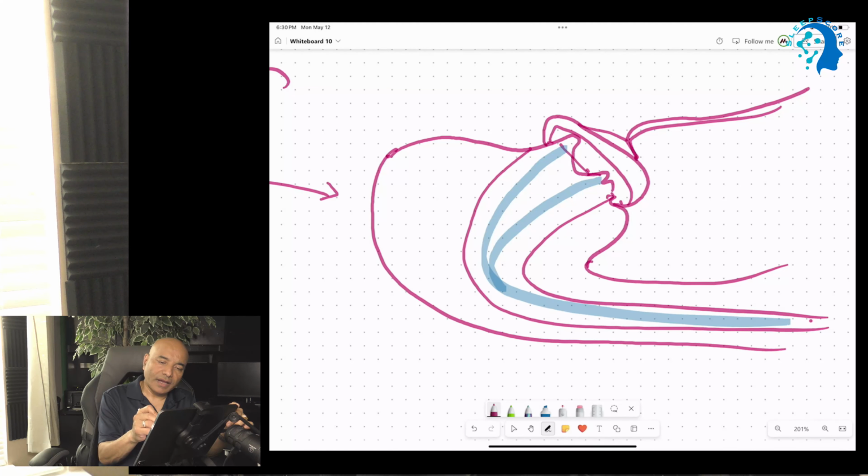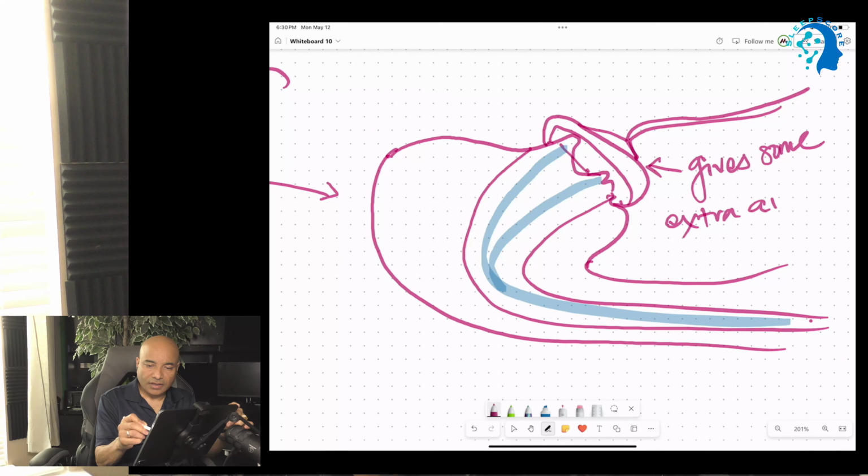So this mask gives some extra air pressure. Because of the air pressure, the tongue and this muscle will open.